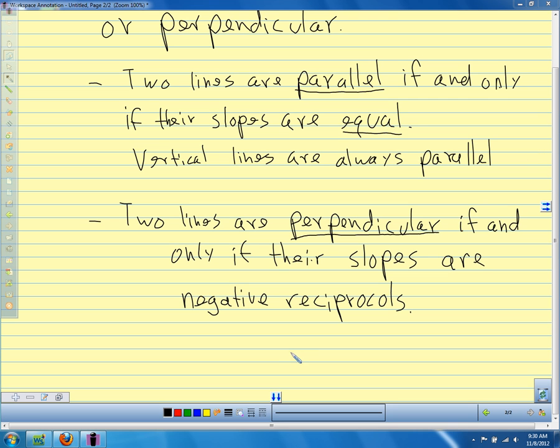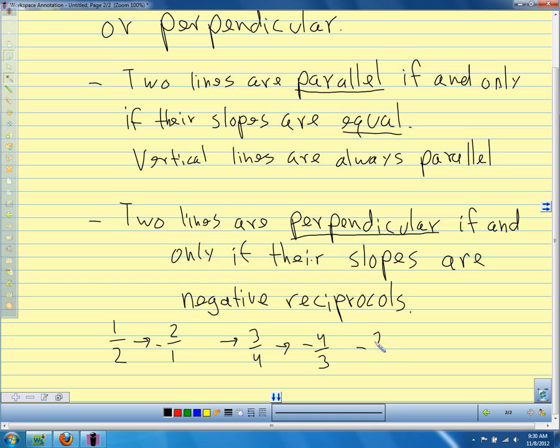So what we mean by negative reciprocal is if we calculate a slope of 1/2, we flip the fraction and change the sign. So the negative reciprocal of 1/2 would turn into negative 2 over 1. 3/4 would turn into negative 4/3.